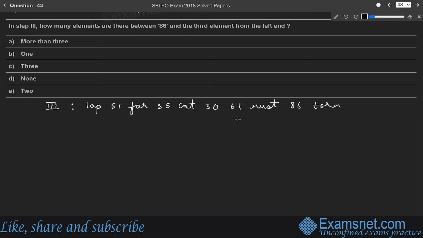Here we can say that the third element from left end in step 3rd is far, and the number of elements between far and 86 in step 3rd is 5. You can see that here there is far and here there is 86. The number of elements are 1, 2, 3, 4 and 5. So the correct option will be here more than 3, which is option number A.